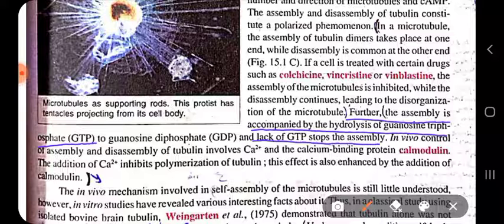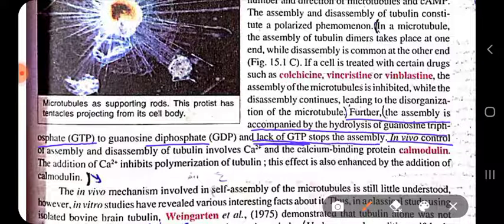But for the opposite case, if you want to allow assembly of the microtubules, it is accompanied by hydrolysis of a GTP molecule, which will hydrolyze to form GDP. And it has been mentioned that if hydrolysis of GTP does not occur, then it also interferes with the assembly of the microtubule.